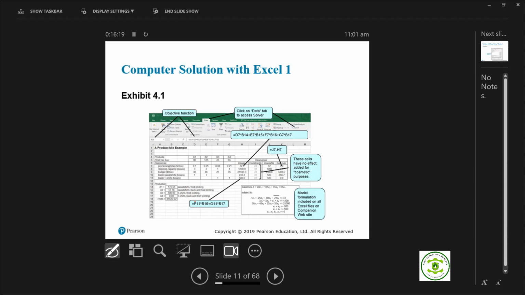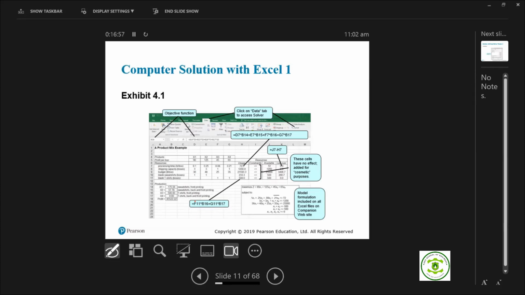What you are seeing here has been solved. If you want to re-estimate, then you have to take out the values for x1, x2, x3, x4 that are under production, because once you take them out, the profit will automatically become zero, just like you did for the other one.